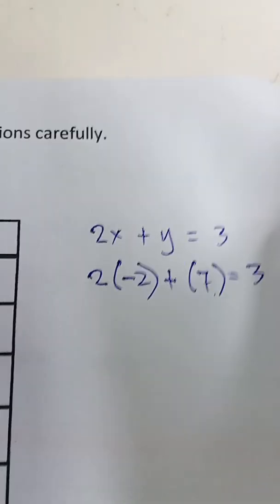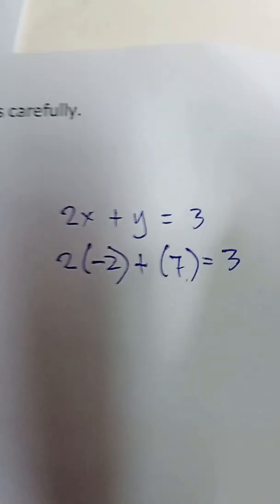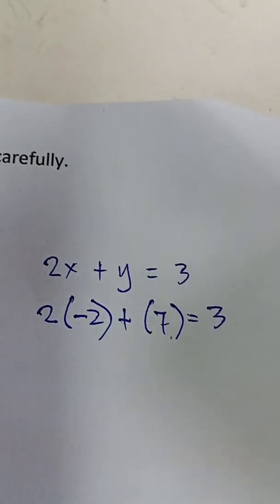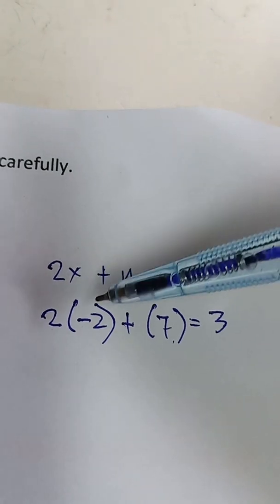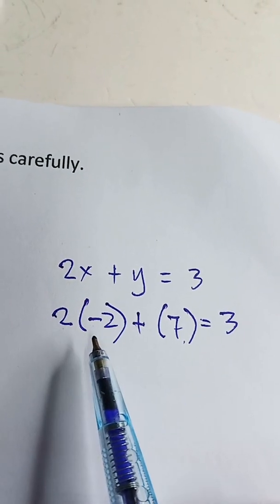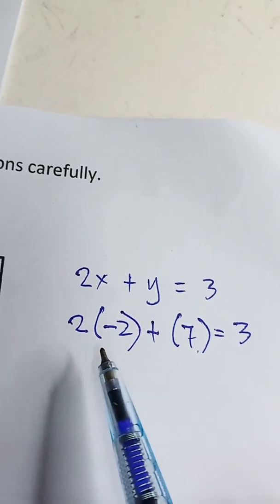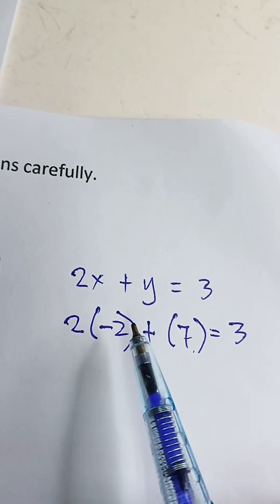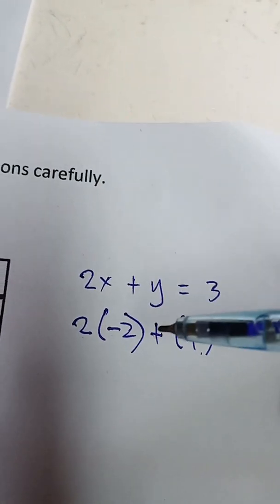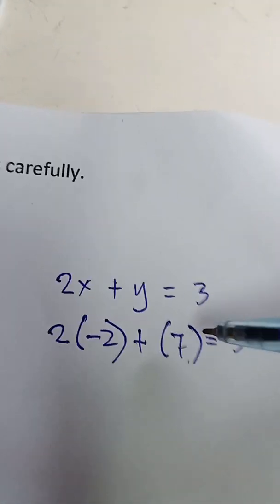and 3. So, class, just a reminder, kapag magsasubstitute ka ng number para sa variable, okay, all you need to do is to write a parenthesis, open and close parenthesis, at ilagay mo yung value niya, which is negative 2 and positive 7.